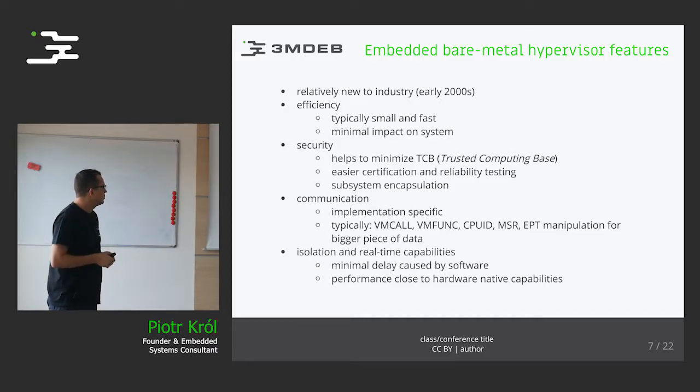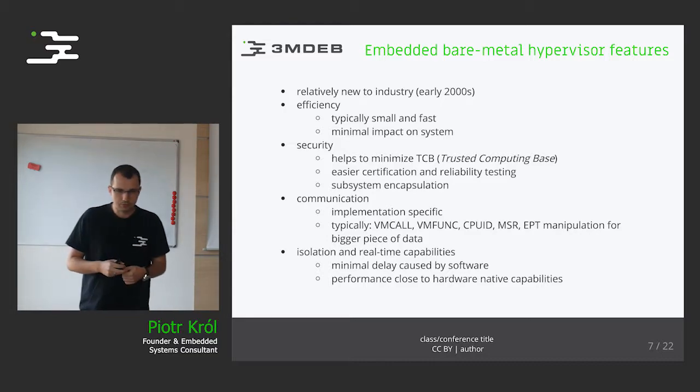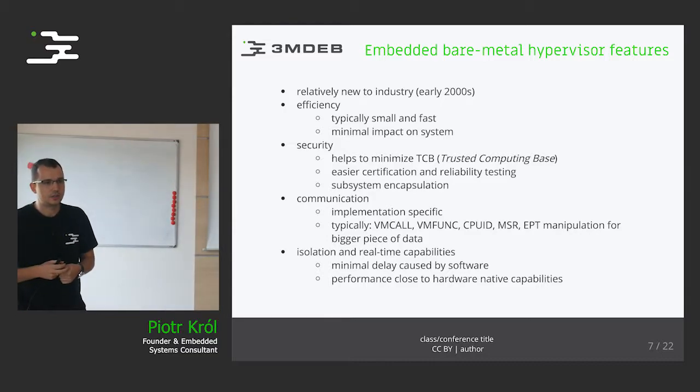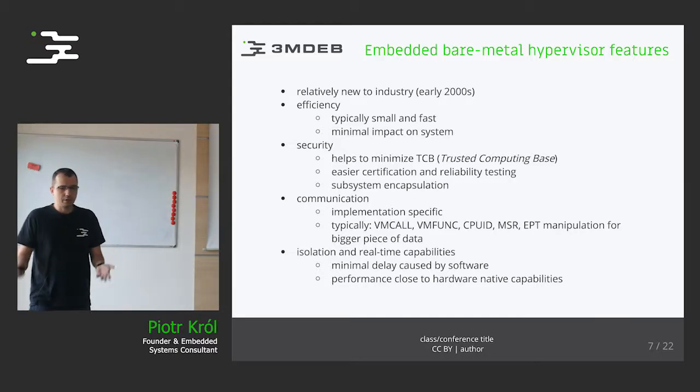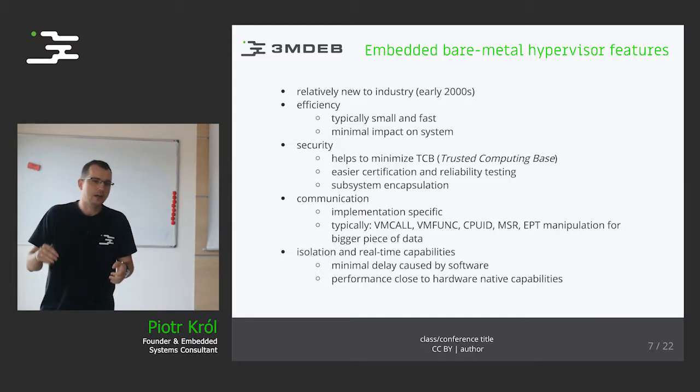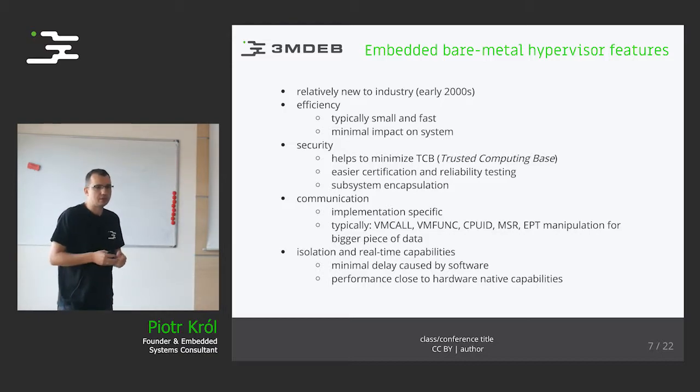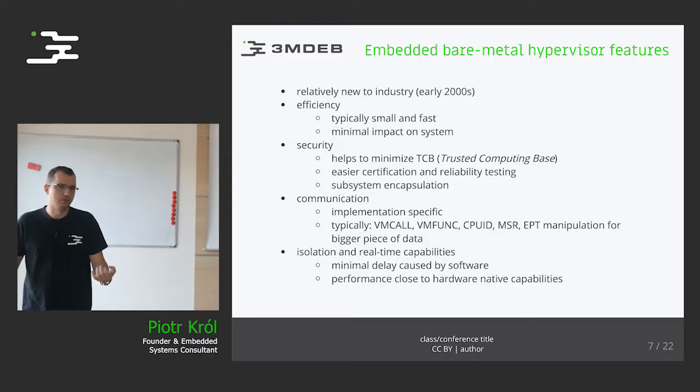It's easier to certify and to get through reliability testing, because it's small. If we're talking about Common Criteria, the cost of certification depends on the amount of code that we have.